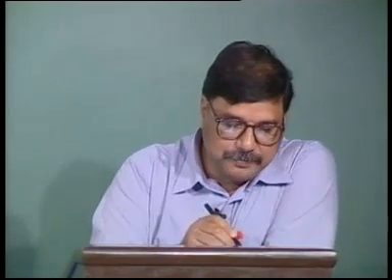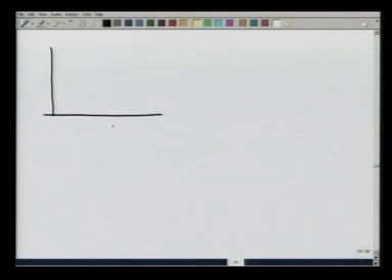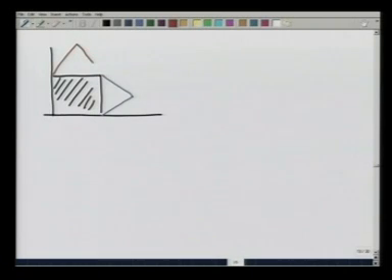So, as the first example, I take a square and join on it 2 equilateral triangles, one here and one here.